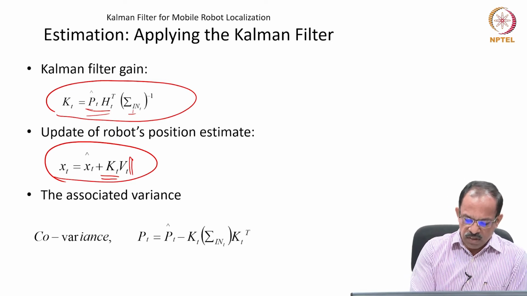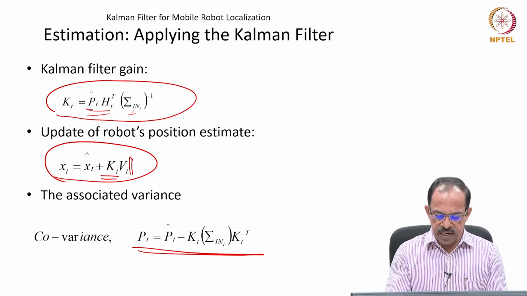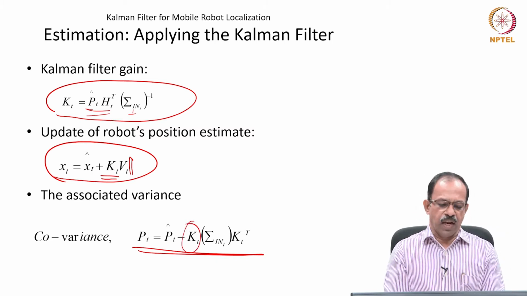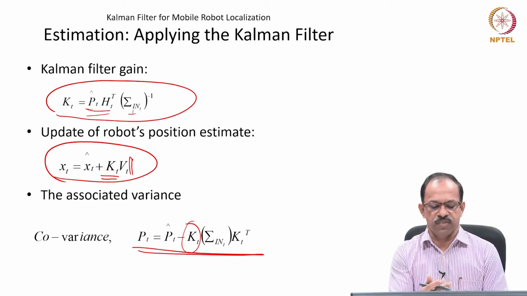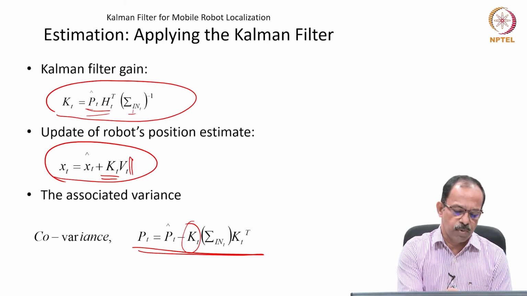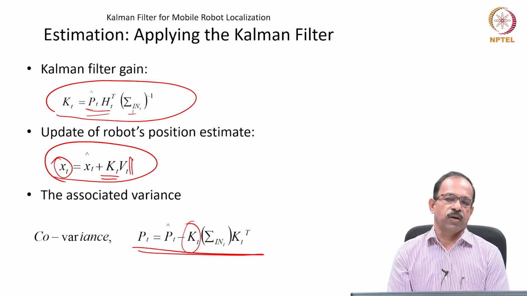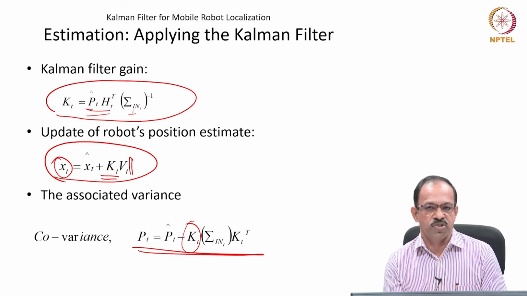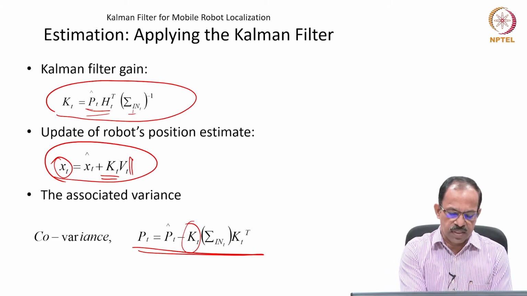And the covariance associated with this is Pt minus Kt sigma innovation Kt transpose. So, we know Kalman gain can be obtained from the covariance and the sigma innovation. And once you have this, we will be able to calculate the new Xt, which is the predicted or the estimated position after the observation, Xt hat plus Kt Vt.